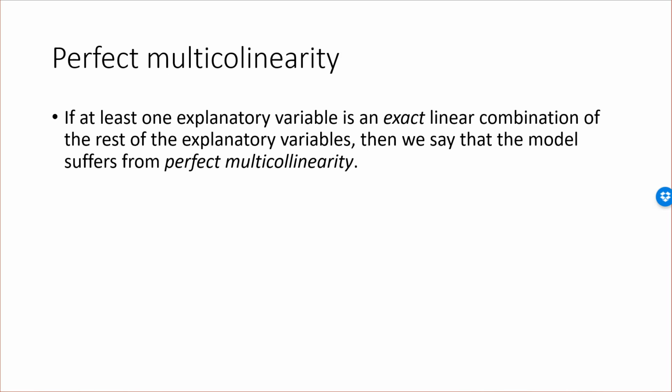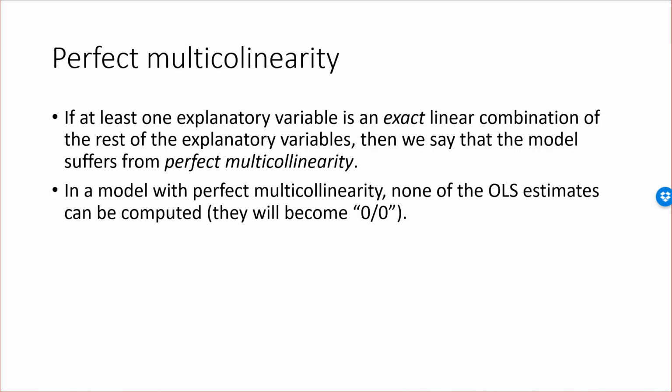So here's an important result. With perfect multicollinearity, OLS will actually break down. We can't really see that because we haven't written the equations for the OLS estimates in the case of several explanatory variables. But if we had done that, then we would be able to see that in the formula for B2 and B3, we would end up with something like 0 over 0.